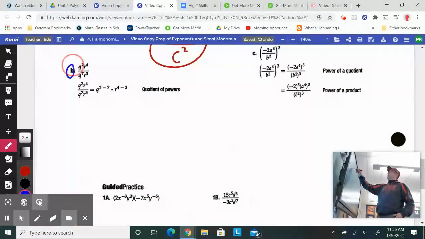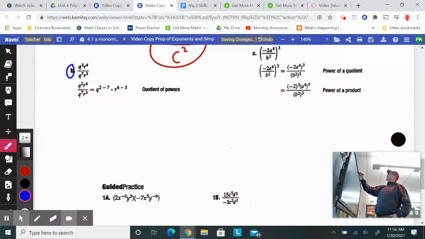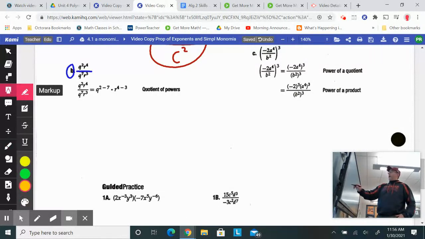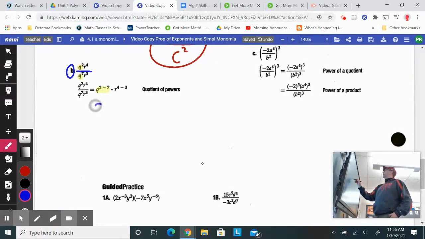All right, in example B, notice I have a quotient, I have a division bar right there. And I have a q to the second, q to the seventh, which means I would just subtract their exponents. 2 minus 7 is negative 5. And I get q to the negative fifth.